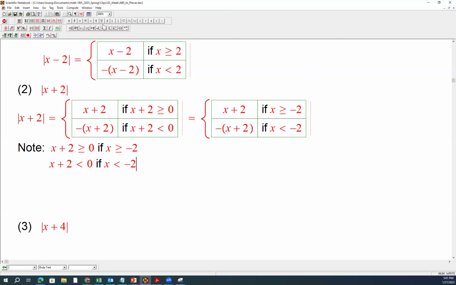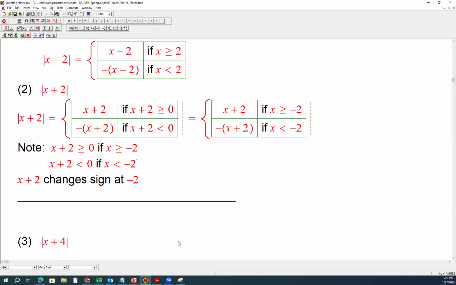So basically you can see the change of sign. So x plus 2 changes sign at -2. Okay, the same can be said with other examples. If you look at the number line, there's a -2 here, right?